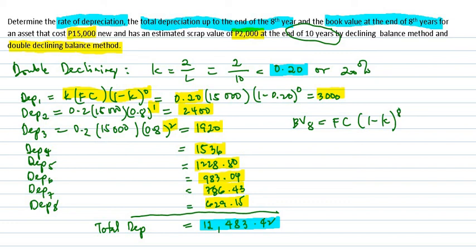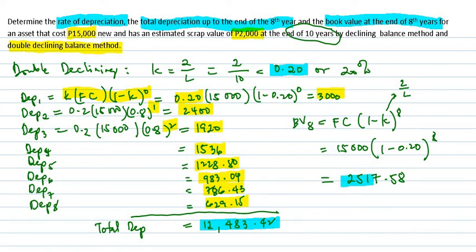But this time our K is 2 over L. So we have here 15,000 times 1 minus our 2 over L, that is 0.20, and then raised to 8. This is the book value after 8 years. So that is equivalent to 2,517.58. So this is now our book value after 8 years.